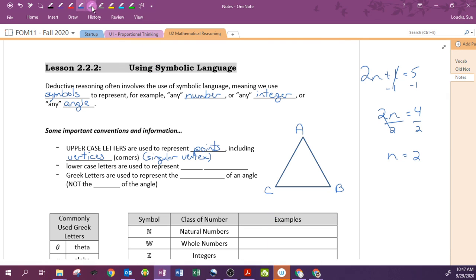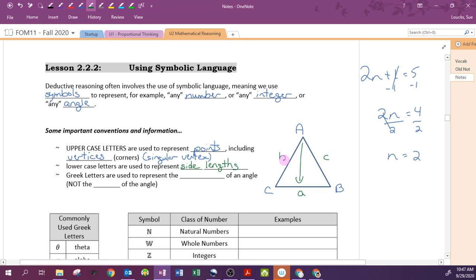Lowercase letters are used to represent side lengths. And I didn't write this down here, but in a triangle, you always give the side the letter that corresponds to the opposite vertex.